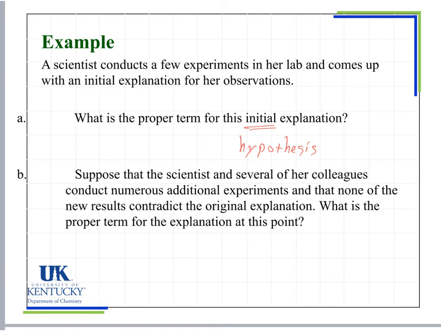Suppose that the scientist and several of her colleagues conduct numerous additional experiments, and none of the new results contradict the original explanation. So all the new experiments still support the hypothesis. If everything supports the hypothesis, what is the proper term for the explanation at this point? If our experiments support the hypothesis, now it's upgraded to a theory.